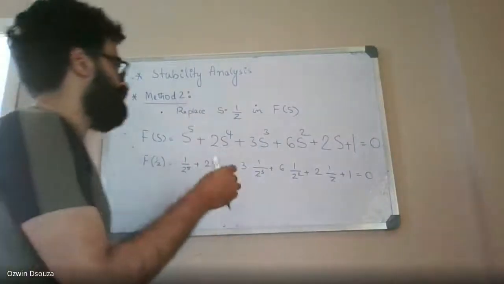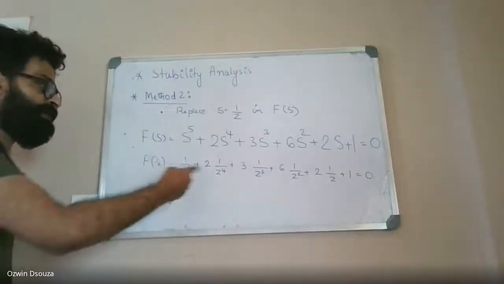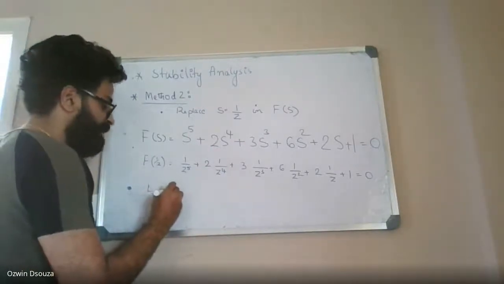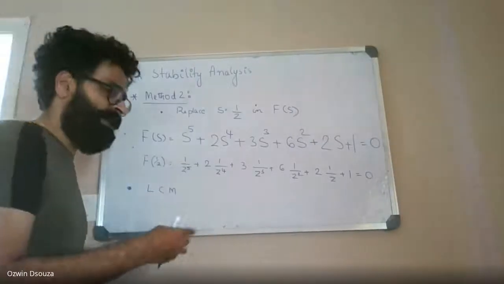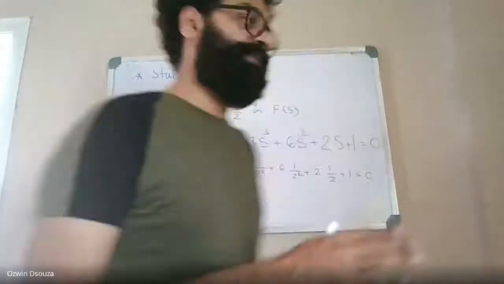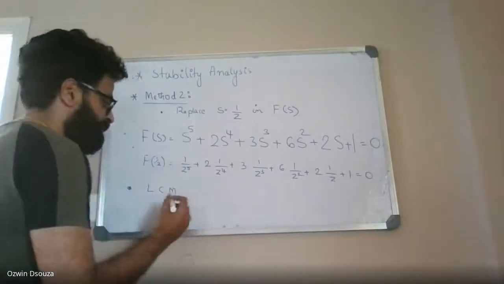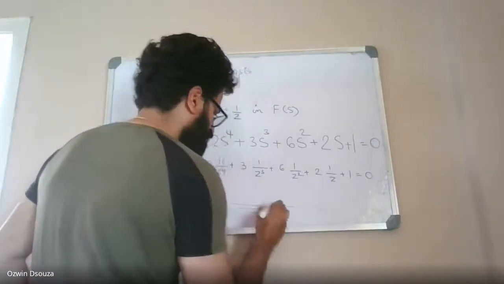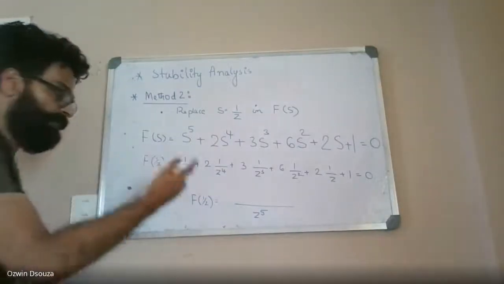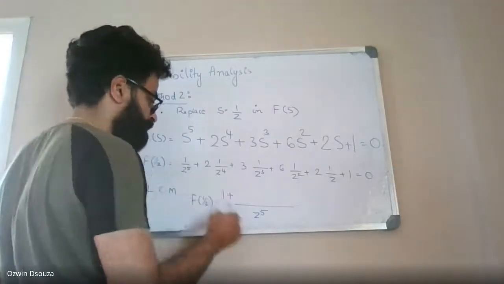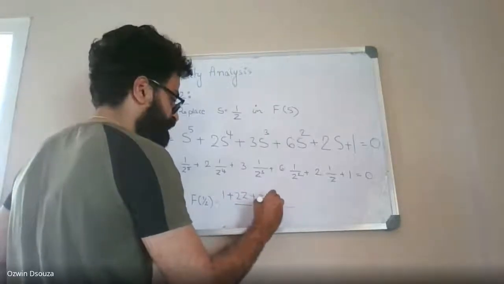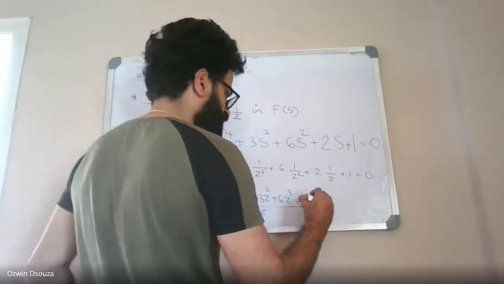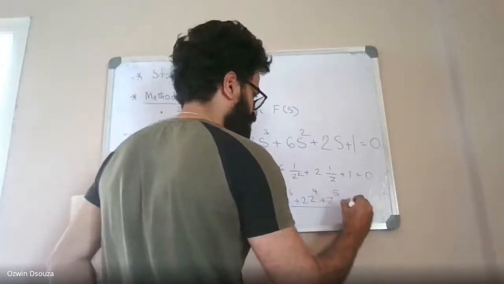So what you have done, you have converted a polynomial of S into a polynomial of Z. In the next step, you can take the LCM, because I don't want a series in which I have Z to the power minus 5, Z to the power minus 2, etc. The highest power is Z to the power 5, so taking the LCM, 1 plus 2Z plus 3Z squared plus 6Z cubed plus 2Z to the power 4 plus Z to the power 5 is equal to 0, right?